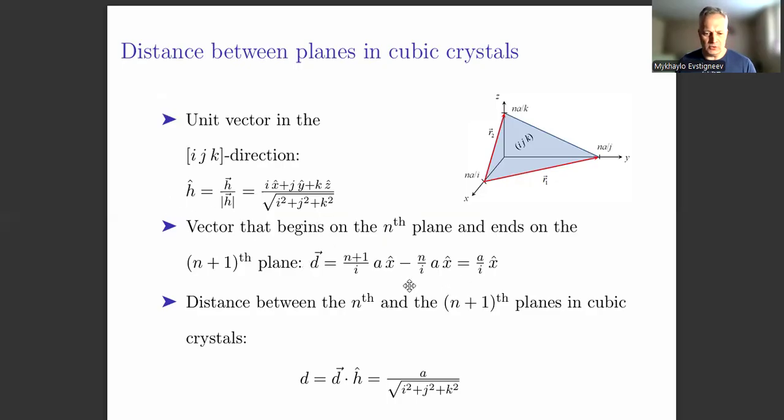And once you take the dot product, keeping in mind that the dot product of x unit vector with x unit vector is 1, x unit vector with y unit vector is 0, x unit vector with z unit vector is 0, and things like that, you end up with this result that the distance between the planes is the lattice constant divided by the square root of i squared plus j squared plus k squared, which is the length of this vector h.